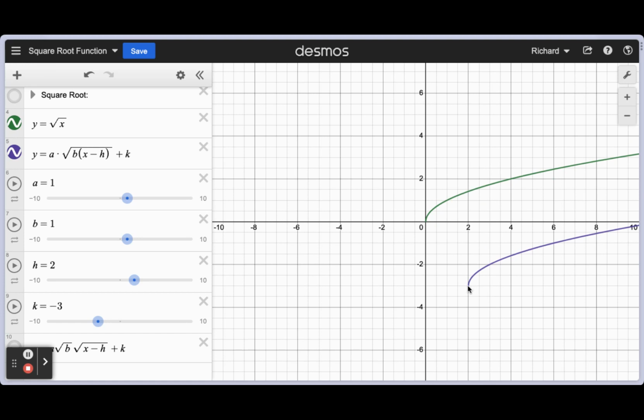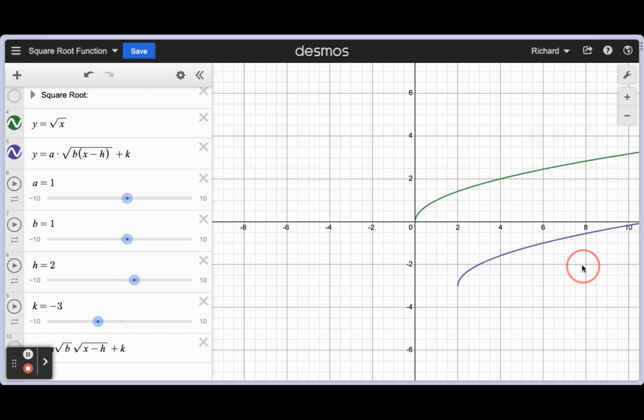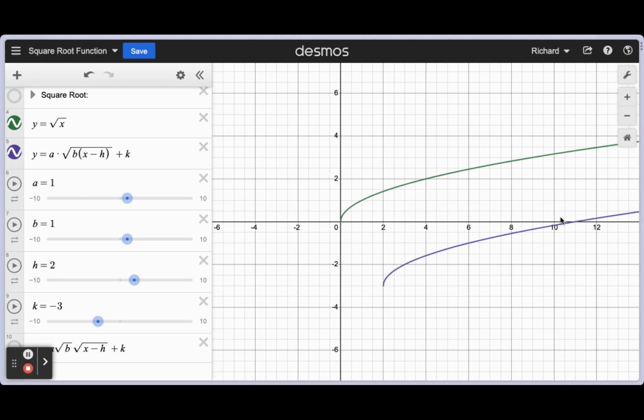So you start there, you draw your graph, and as usual, you use the facts that you've been given, like the dilation factor, to work out where the x-intercept is, if it exists, because it might not, and where the y-intercept is, if it exists, because it might not, but then again, it might. So you just work it out as you go along.